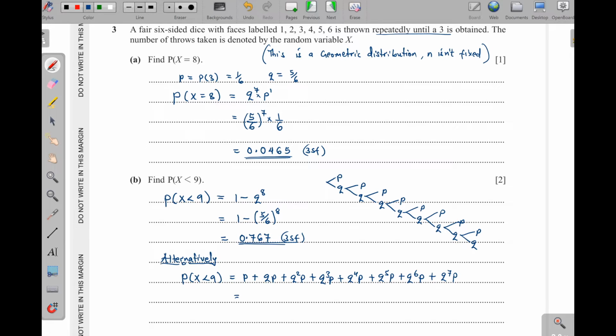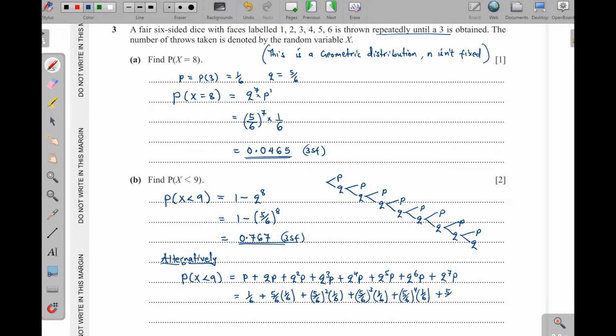So our P, remember, is 1 over 6. Then this one is 5 over 6 times 1 over 6. Then we have 5 over 6 squared times 1 over 6. 5 over 6 cubed times 1 over 6. 5 over 6 power 4 times 1 over 6.